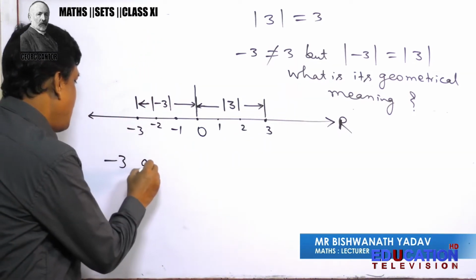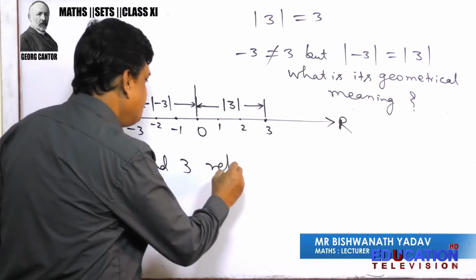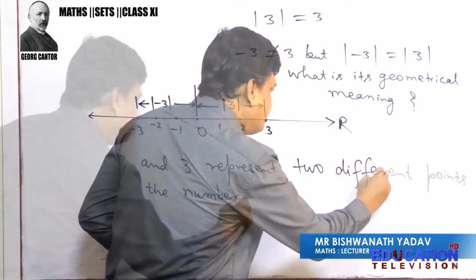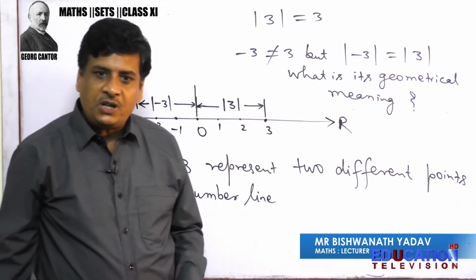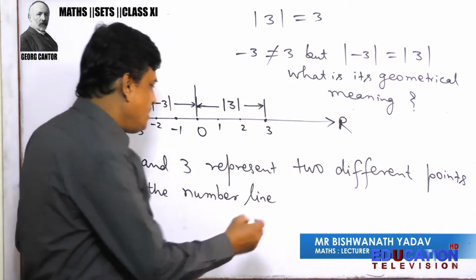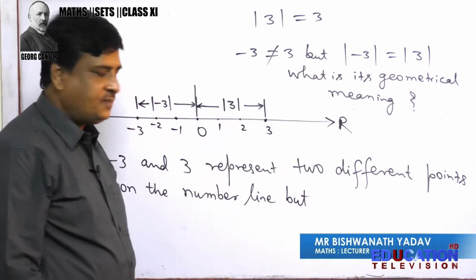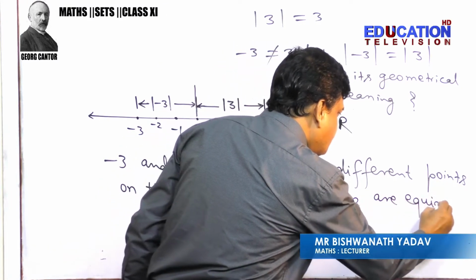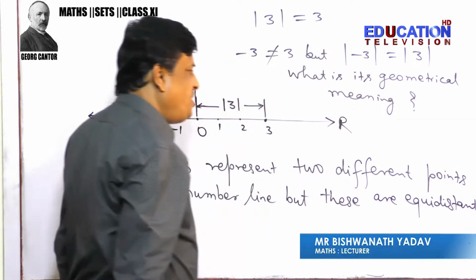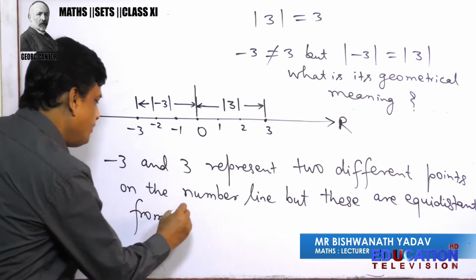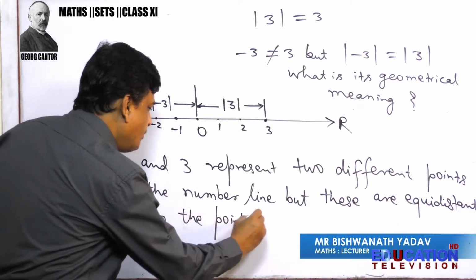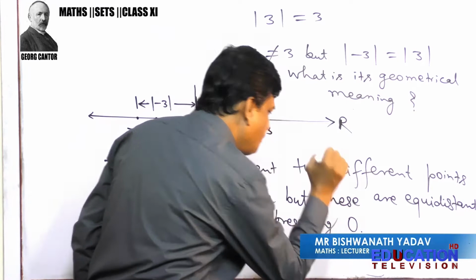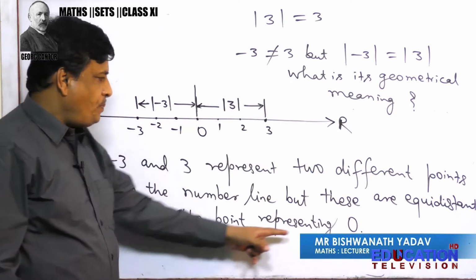Minus 3 and plus 3 represent two different points on the number line, but these are equidistant from the point representing 0.